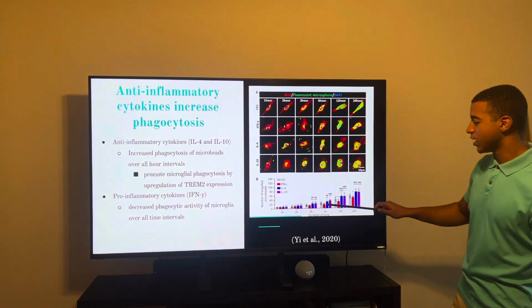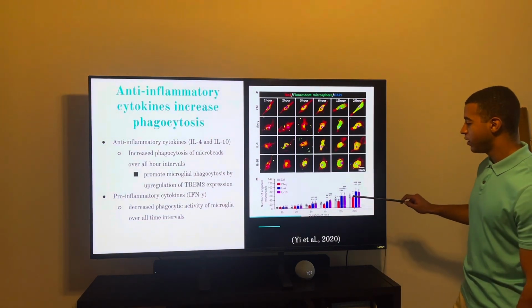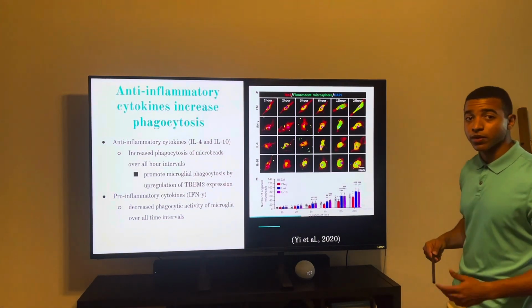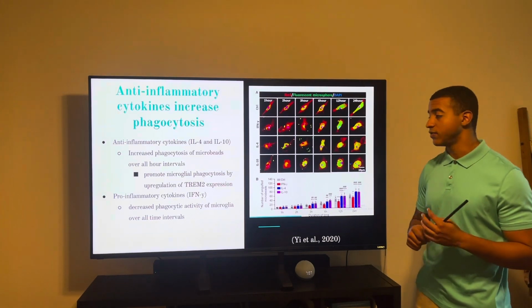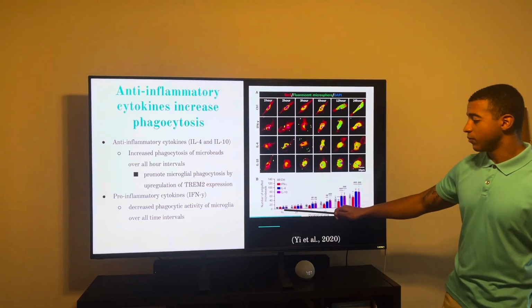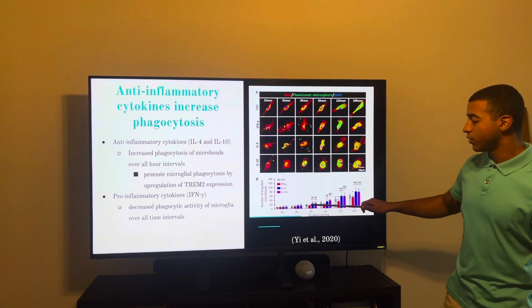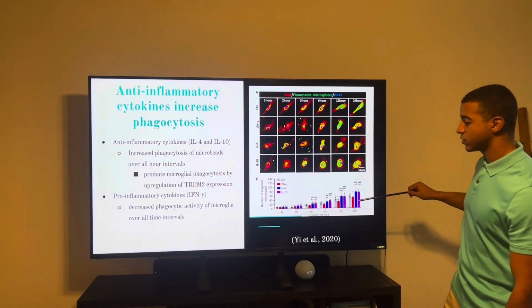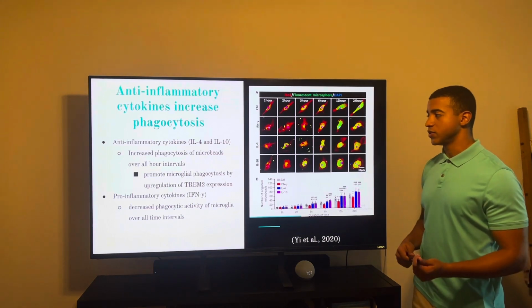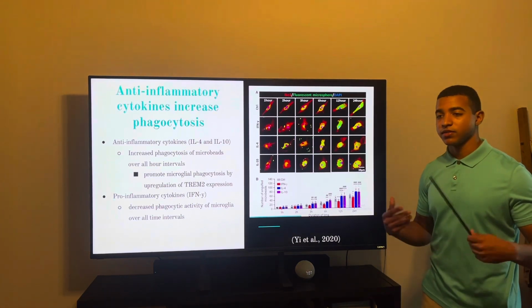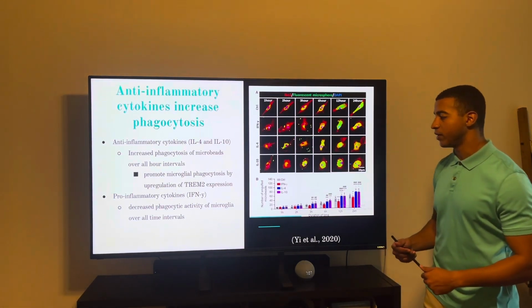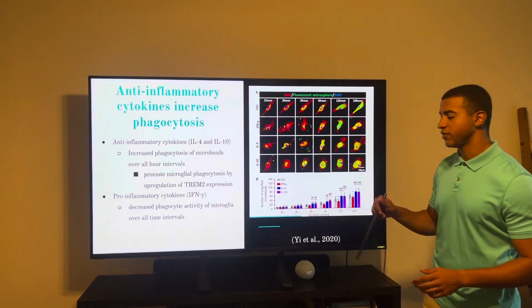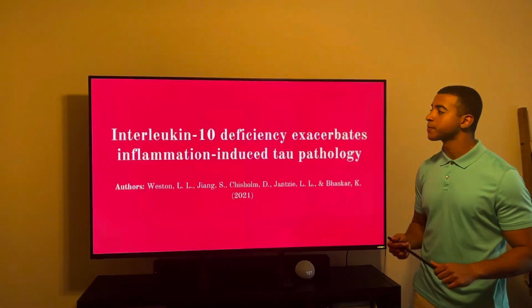Every time slot for duration of time, the pro-inflammatory cytokine group was inhibiting the phagocytic activity of microbiota, whereas the blue and purple was the anti-inflammatory cytokines, which had more phagocytosis, meaning that the anti-inflammatory cytokines increased it, and it was better for the activity of phagocytosis.